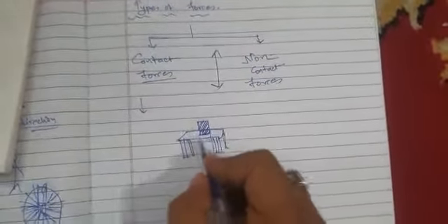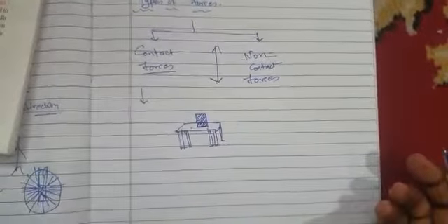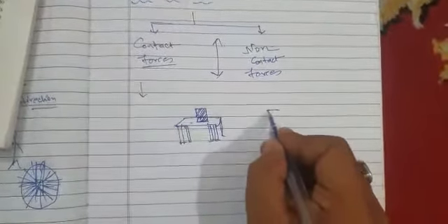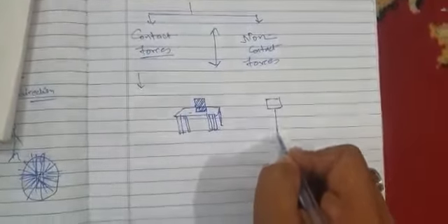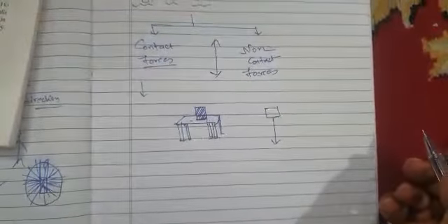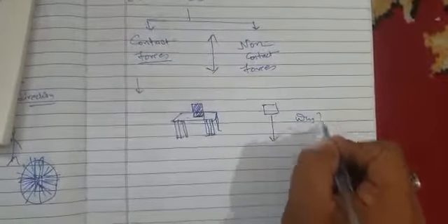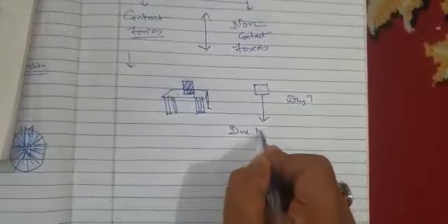Now, do you think that the table is applying any force on the box? Yes, it is applying force on the box. Why? I'll tell you. First of all, you have to understand that whenever you leave any object, it tends to fall down. Any object falls down. Why? Why does any object fall down? Due to the force of gravity.